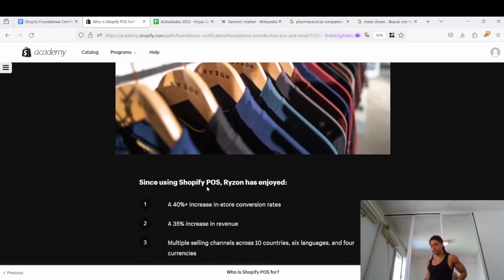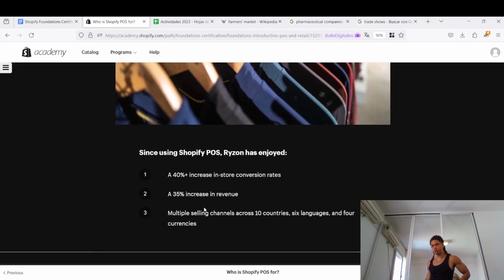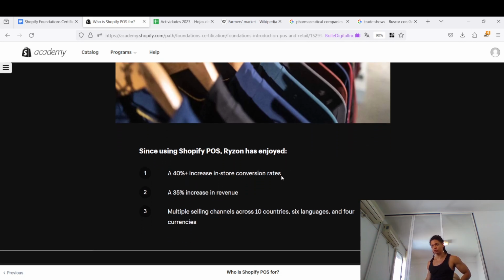Since using Shopify POS, Ryzen has enjoyed a 40% increase in store conversion rates, a 35% increase in revenue, and multiple selling channels across 10 countries, 6 languages and 4 currencies.